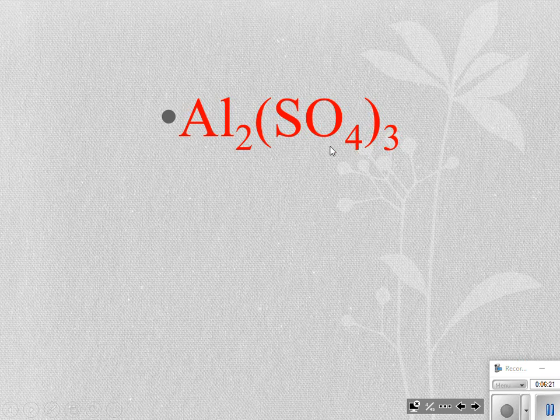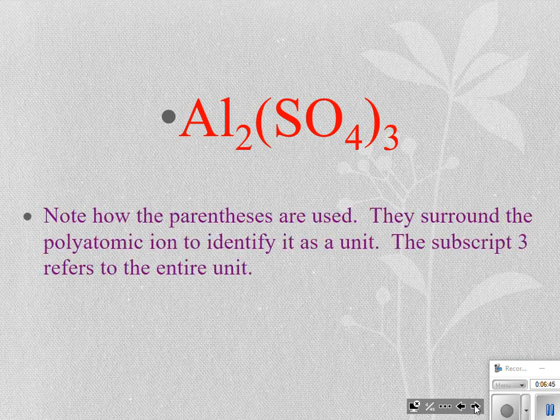So, based on the charges of aluminum and sulfate, I need different amounts of them. So that's why I have this parentheses with the 3. As I am distributing that out, the subscript 3 refers to that entire unit.